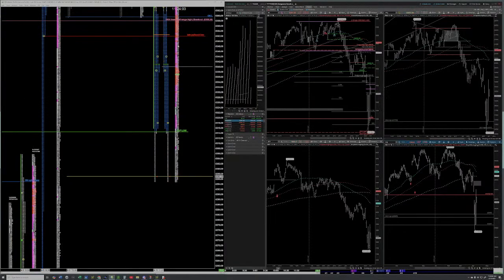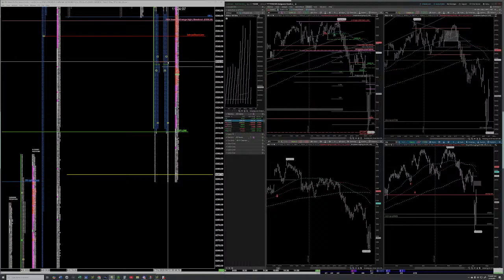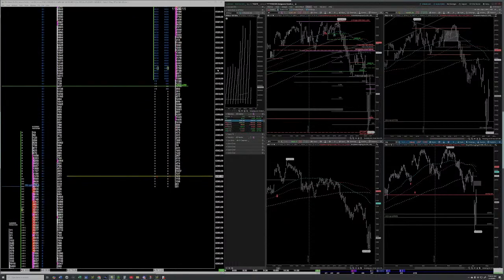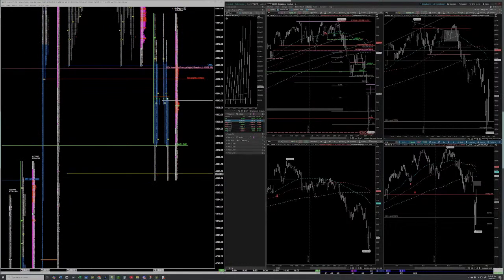I want to move this thing. Hardback is down here. Where is it being moved to? Look at that. Very close to the POC. You know? Balance guidelines in play.